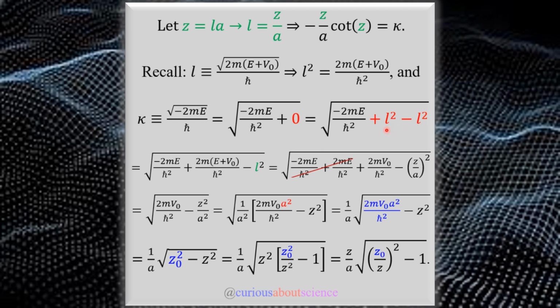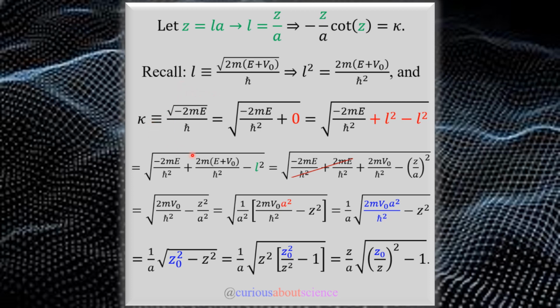Add an L squared minus an L squared. If you want to work backwards from L, realize that 2mE is kappa right here. So either way, kappa and L are related to one another. We're just trying to showcase how to find the interrelation so we could substitute out appropriately.